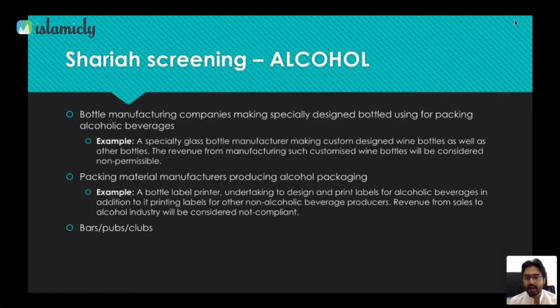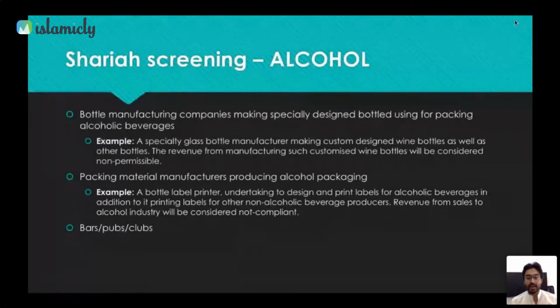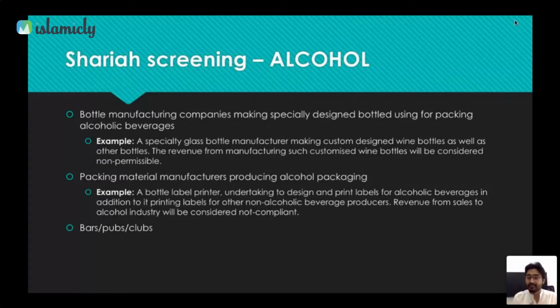So in this packing manufacturer example, if a packing manufacturer makes packaging material used by alcoholic beverage manufacturers as well as non-alcoholic beverage manufacturers, the percentage of revenue that company earns from selling its packaging material to the alcohol industry will be considered non-compliant. Definitely, the last point: pubs, bars, and clubs are non-compliant.